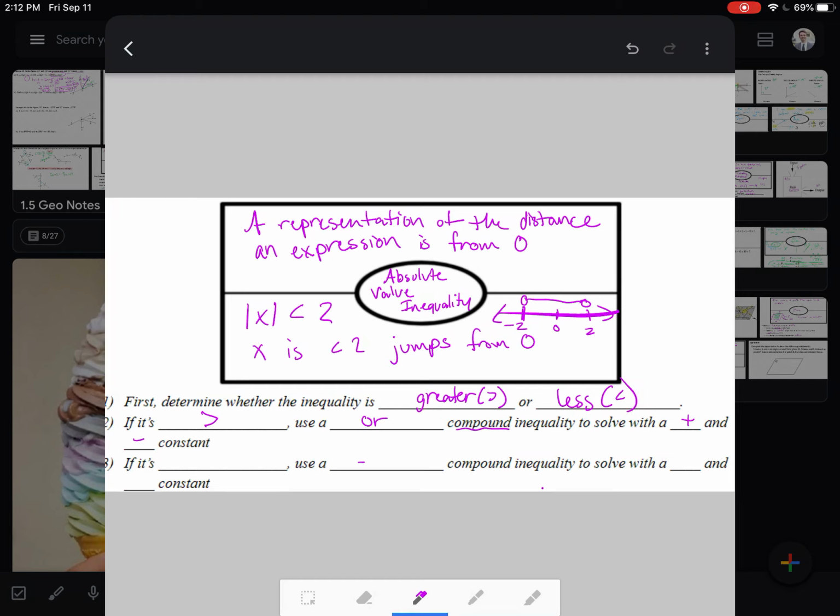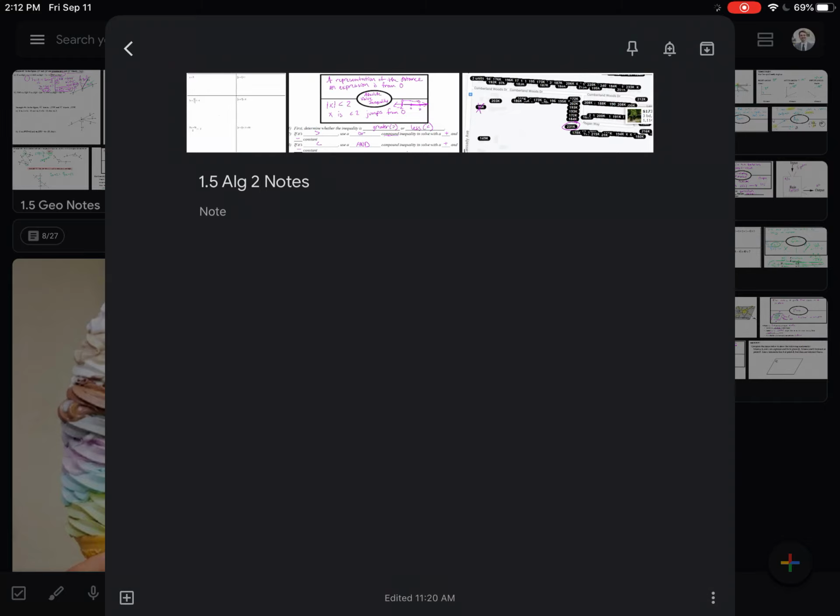And we'll go through those steps on the next page here. If you have a less than inequality, use an and compound inequality, again with a positive and a negative constant. So some steps here, this is going to guide you. I would say flip back to this page after going through the examples, and it might make a little bit more sense, these steps. But if you have these, it should put you on the right track, and it should lead you to start doing those correct first steps.